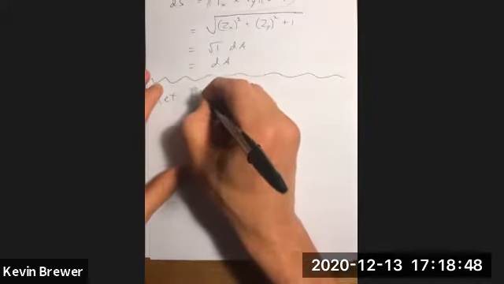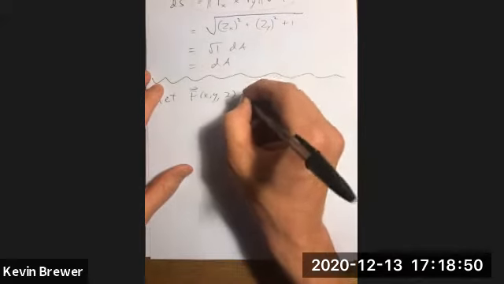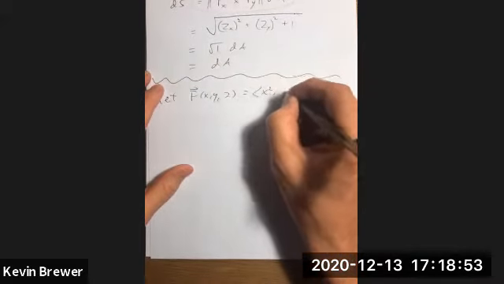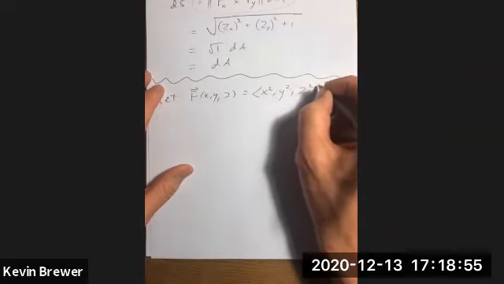Let F be the vector field x squared, y squared, z squared.